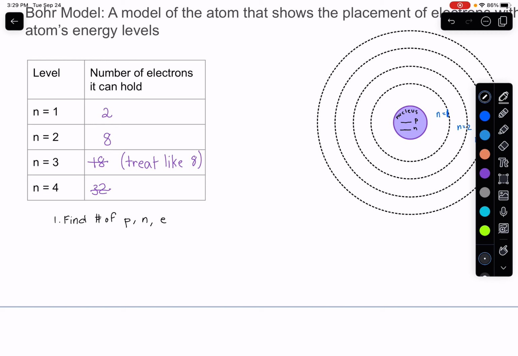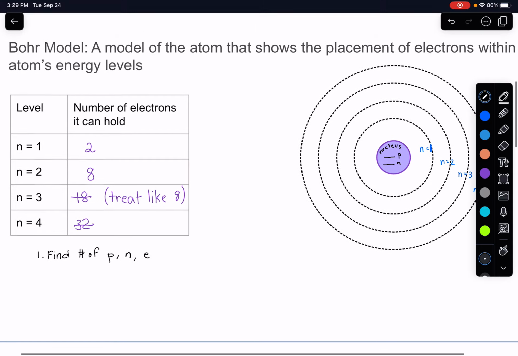The neutrons you can typically get from the mass. And then the electrons, if it is a neutral atom, that is going to be the same as the number of protons. If the atom is actually an ion, if there is a charge, then you would need to add or subtract electrons to match whatever the charge was for that atom.